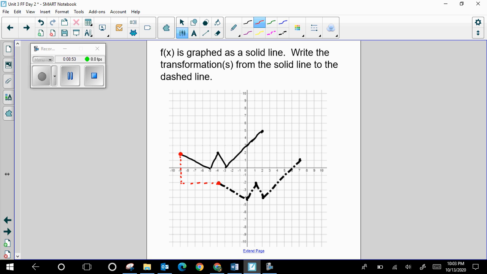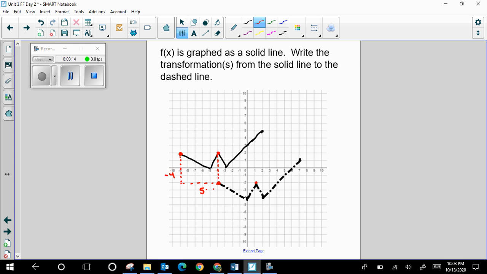And if I look at what I did here, I went down 1, 2, 3, 4. And then I went to the right 1, 2, 3, 4, 5. Okay, so see if that works for another point. So maybe going from here to here.